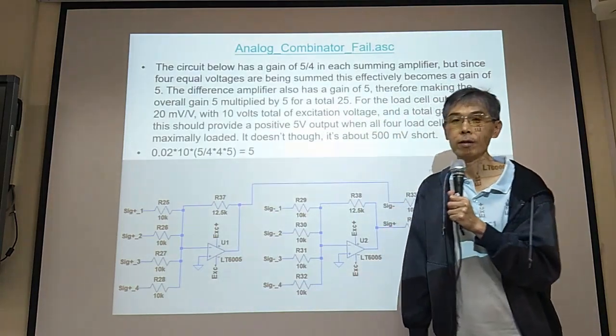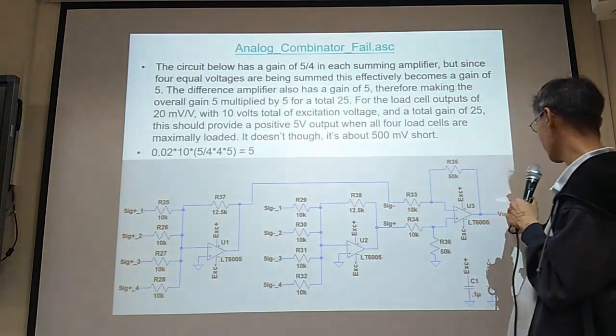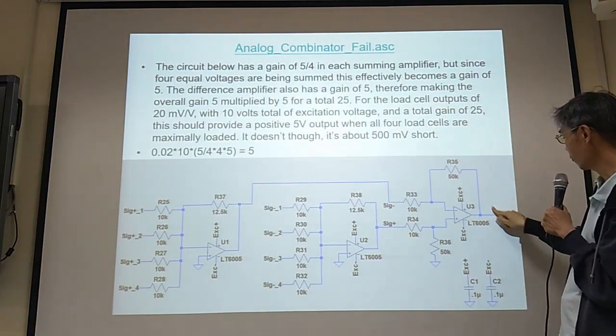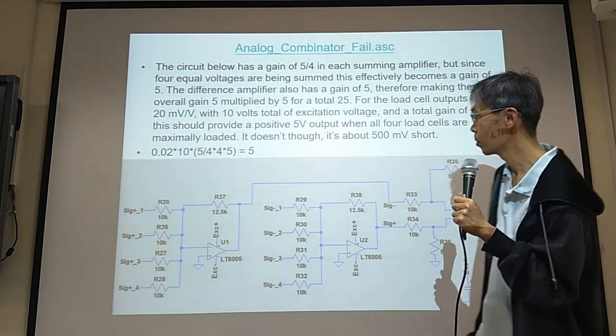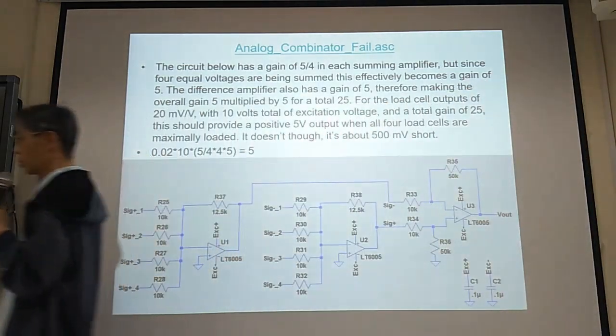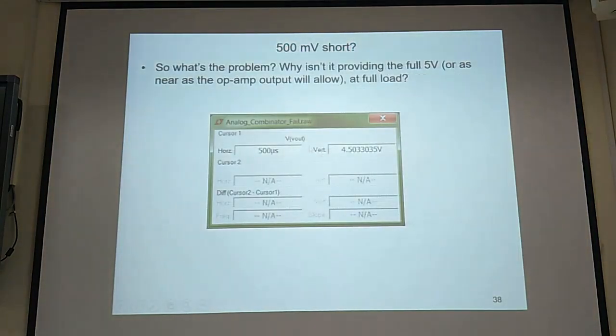So in the perfect world, the output is 5 volt. But if you run the simulation, the result is not 5, it's 4.5.